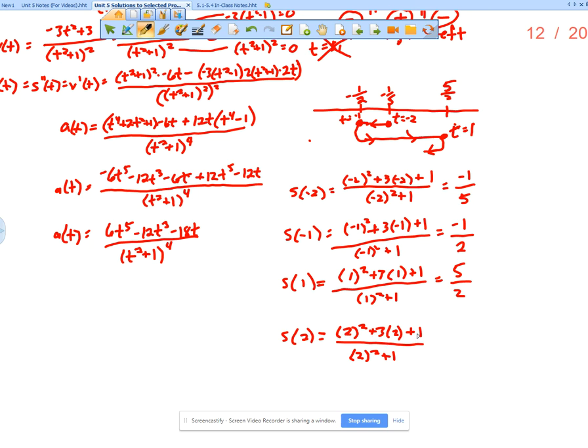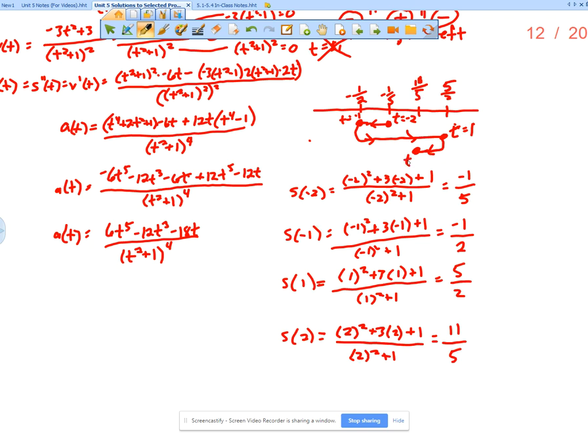So 4 plus 6 is 10, plus 1 is 11, divided by 2 squared, 4 plus 1 is 5, 11/5. So remember, 11/5 is 2.2. So if I'm at 5/2, which is 2.5, I travel to the left, and I ended at 11/5, or 2.2. So I did indeed travel back to the left, judging by where those points are.